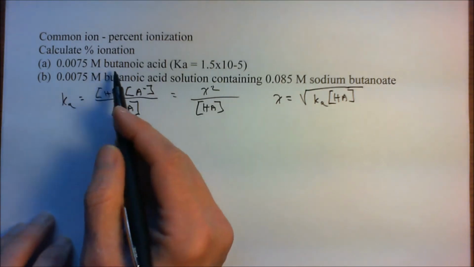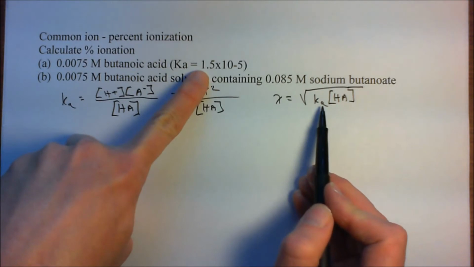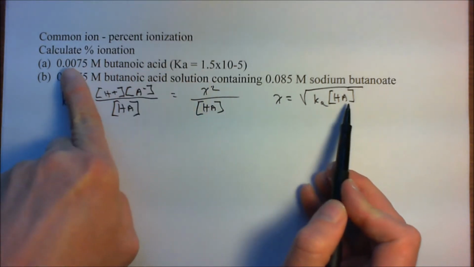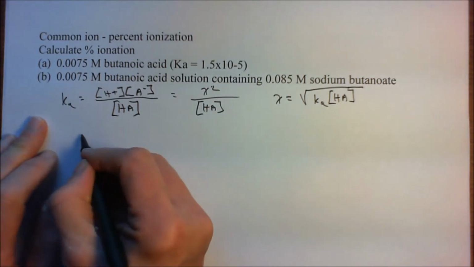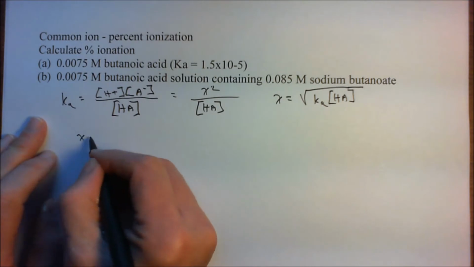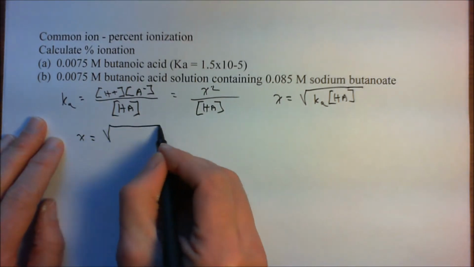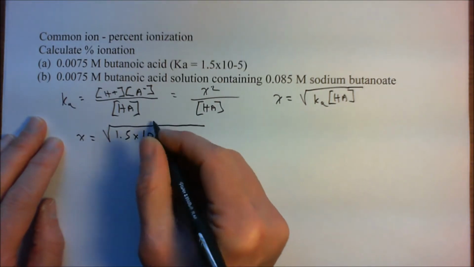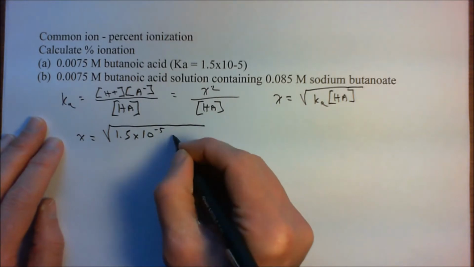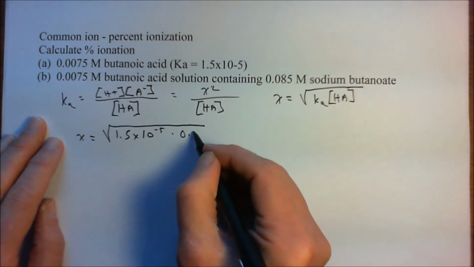If we plug in the numbers that we have, which is 1.5 times 10 to the minus fifth for our Ka and 0.0075 for our molarity, it would look like this: the concentration of H plus is the square root of the Ka times the concentration of the undissociated acid.